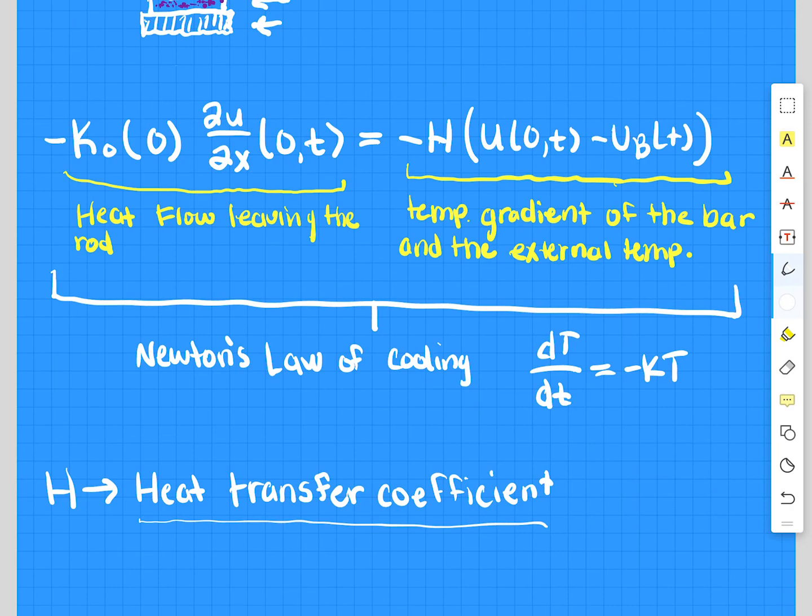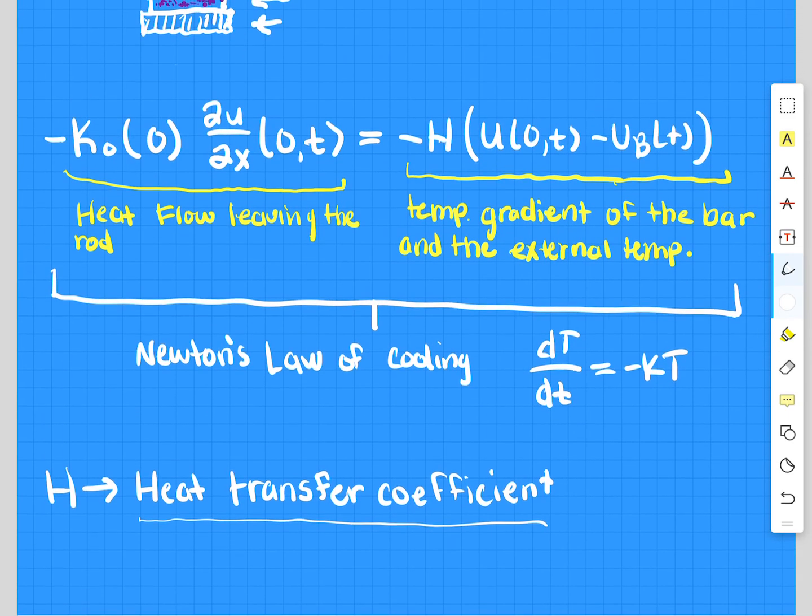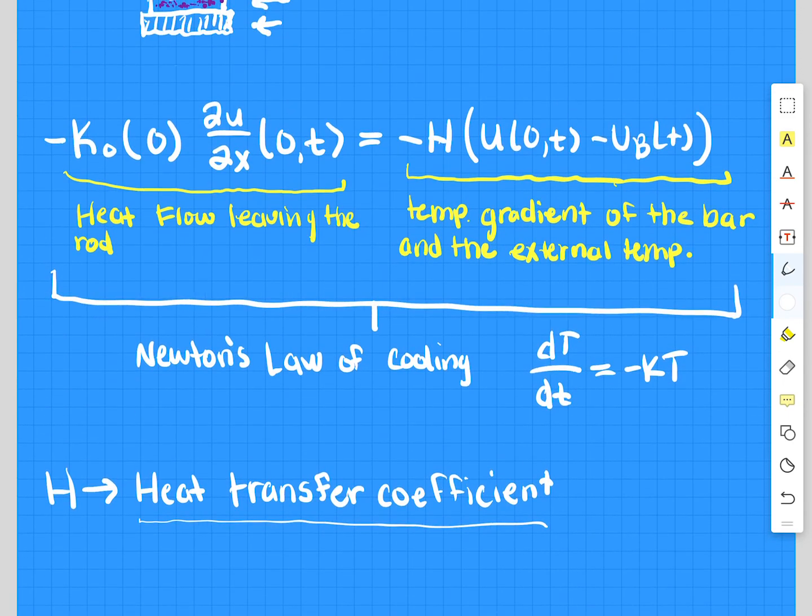But for now, we just want to get the general idea and how we would represent it mathematically. So again, since this is essentially our scaling constant, we can say that this sets the equation's scale.